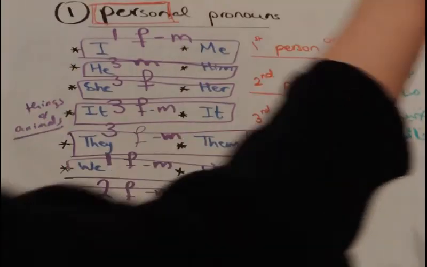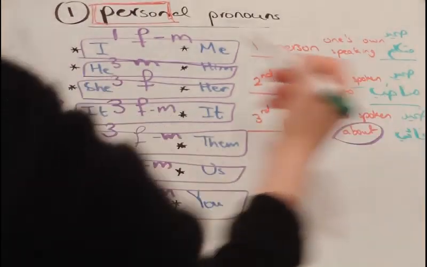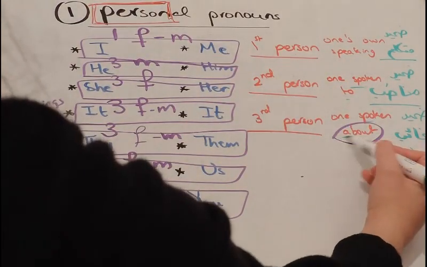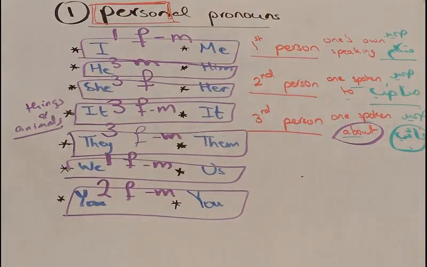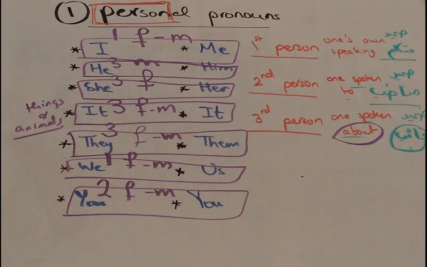Okay, متكلم means speaking, مخاطب spoken to, and غائب spoken about. غائب, the person is absent, is not there, the person is not present, so it is considered as is. Okay, I hope this helps you guys.